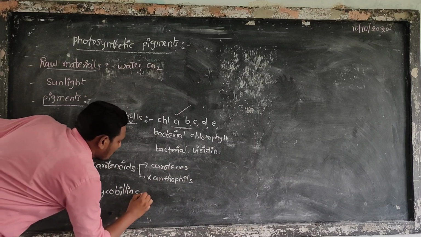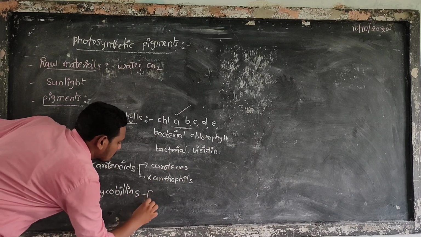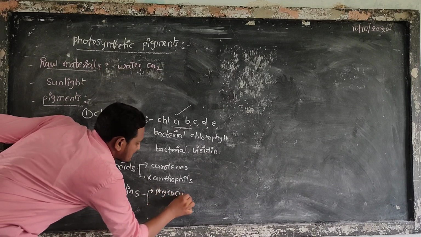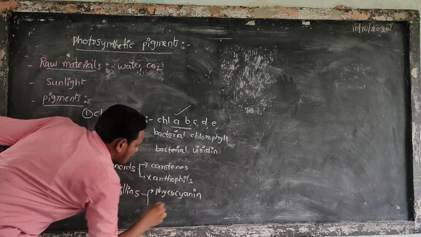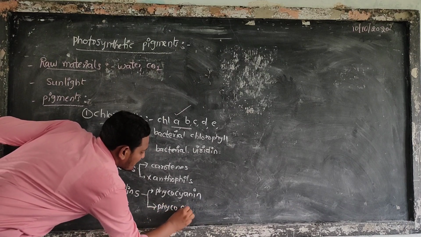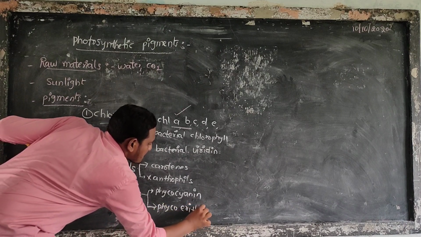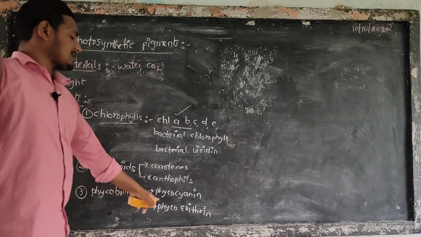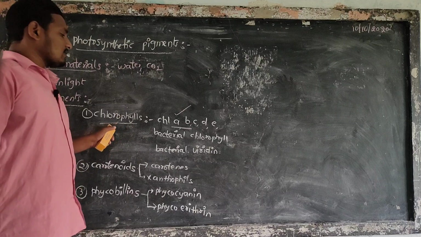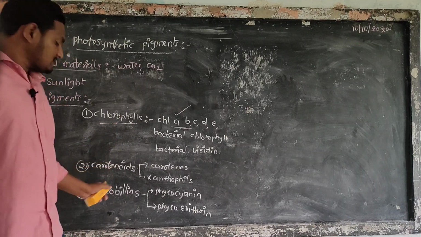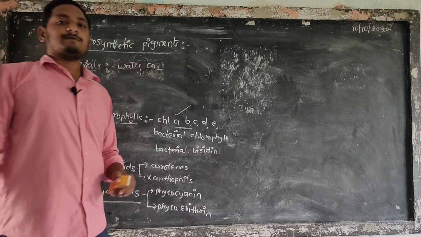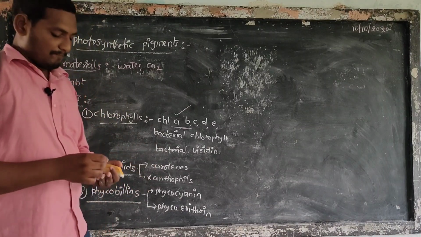Phycobilins are again two types: phycocyanin and phycoerythrin. These are the three important types of pigments.